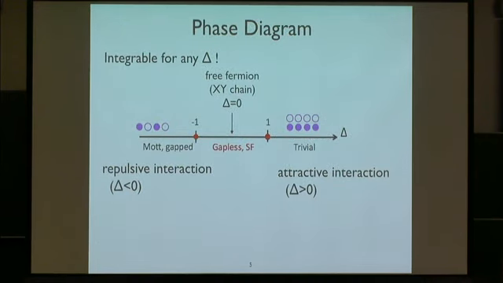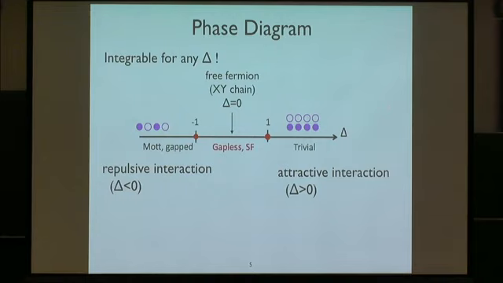Without the twist, of course, you know the phase diagram very well, but just to fix the notation: in my talk, delta is defined such that positive delta corresponds to the ferromagnetic XXZ. For delta bigger than 1, in spin language, you enter the Ising-like easy-axis ferromagnetic phase. The ground state in particle language is either completely empty or completely filled.